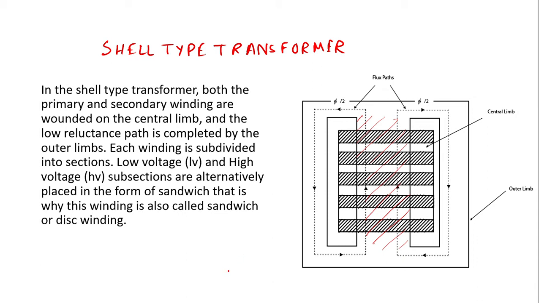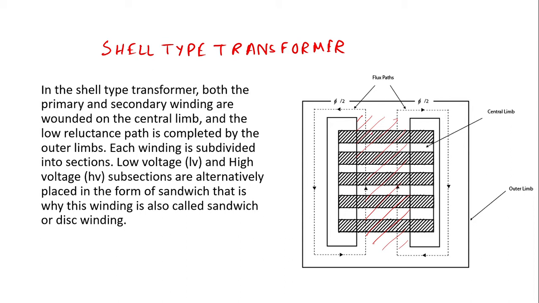Now, the low reluctance path is completed by the outer limbs, and each winding is subdivided into sections, that is, a low voltage section and a high voltage section. So each winding is subdivided into two sections, a high voltage section and a low voltage section, and they are placed alternately to form a sandwich.